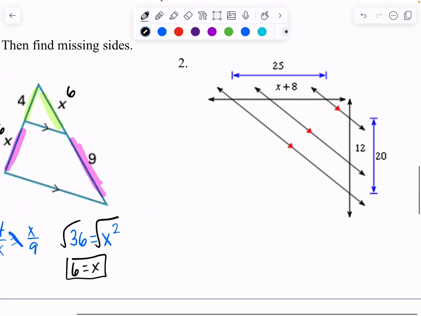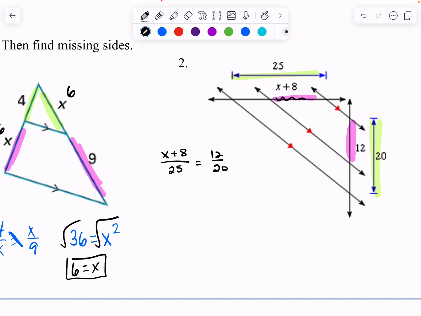Perfect. This last one can be maybe a little scary, but you don't have to be. When I look at this question, I see a part, and then I see the whole thing given. So I think this is a great example of a part to whole. So when I do this, I'm getting X plus 8, that's my part, over the whole 25 equals the part 12 to the whole 20.